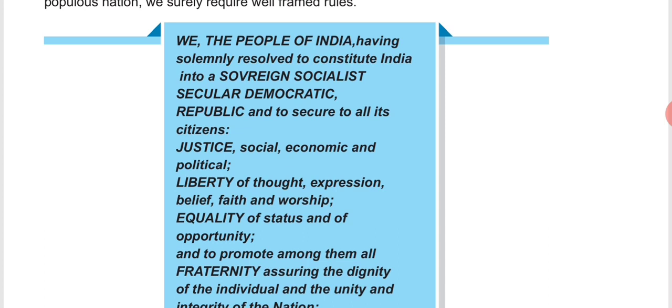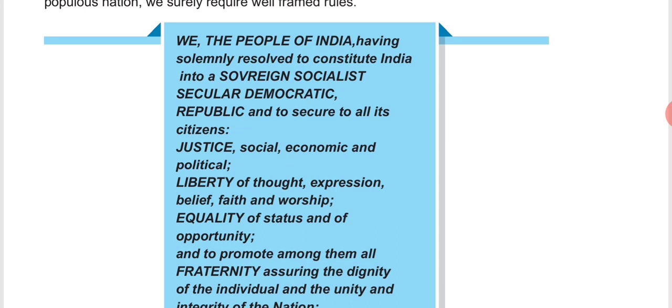Socialist means social and economic equality. Here social equality means absence of discrimination, bhedbhav, that is, without any discrimination on the grounds of caste, color, creed. Creed means a system of religious belief or of faith.